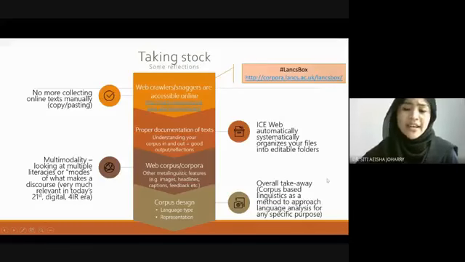Finally, I would say the takeaway is that corpus-based linguistics is very much a method to approach language analysis for any specific purpose. It's just limitless, but it would take some time for us to even talk about the things that we can do with corpus in other types of data outside of the discipline of English language.